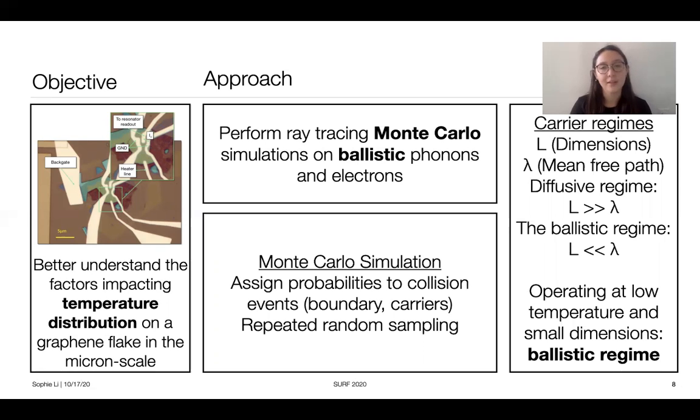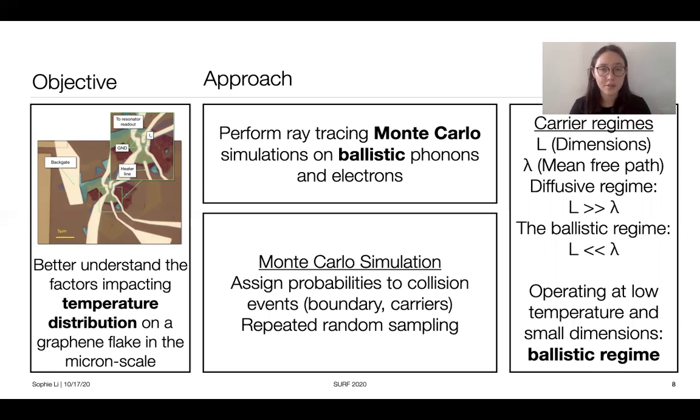The mean free path is the average distance that a particle will travel before it collides with another particle. And so in the diffusive regime, it's much more likely that a particle will collide with another one before it collides with the boundary.